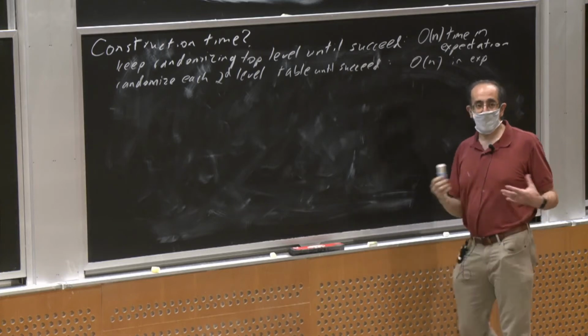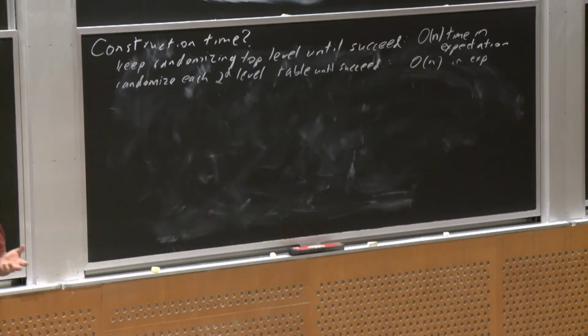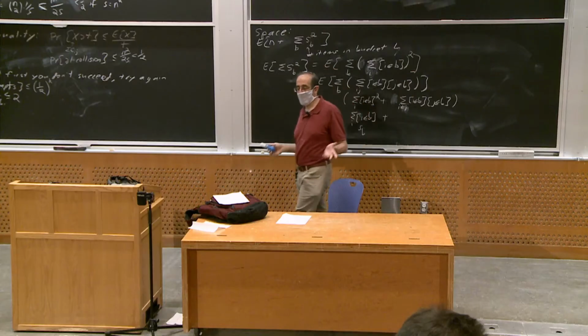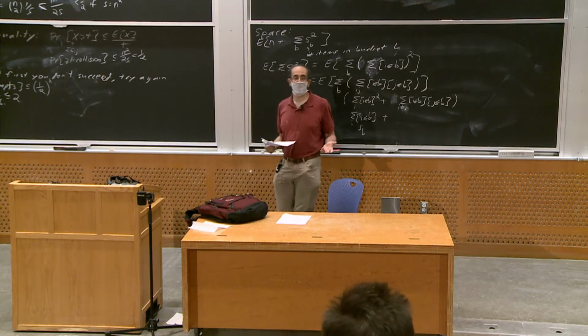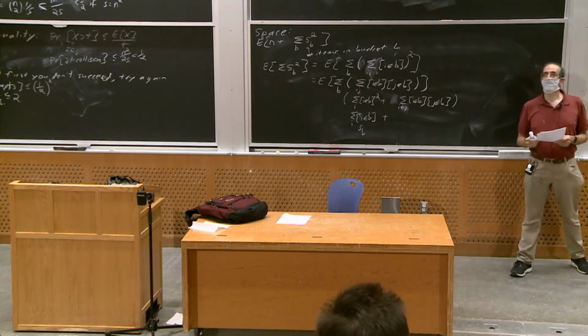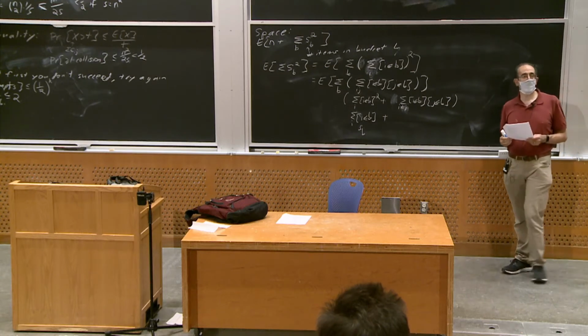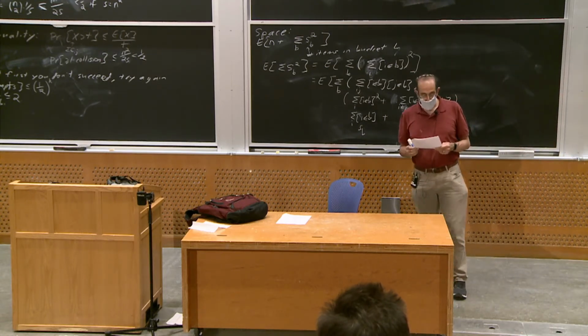And so given your set of n items, the expected time to construct a perfect hash table for it is linear. And once you have done so, the lookup time is constant, worst case constant. Everybody happy with that? OK.